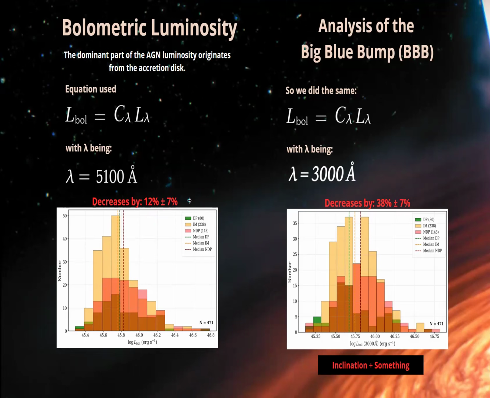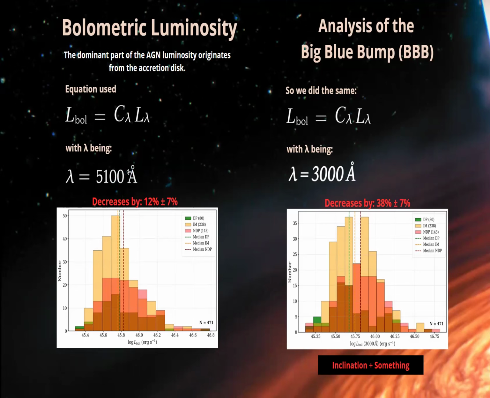I would like to highlight here that in the catalog, the bolometric luminosity was estimated using an approximation based on a specific part of the continuum. This part is the region around this wavelength here. So it may not reflect the entire continuum, but only this region.